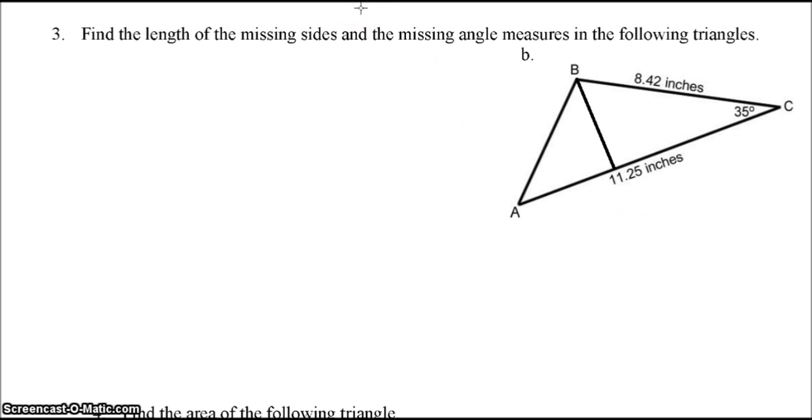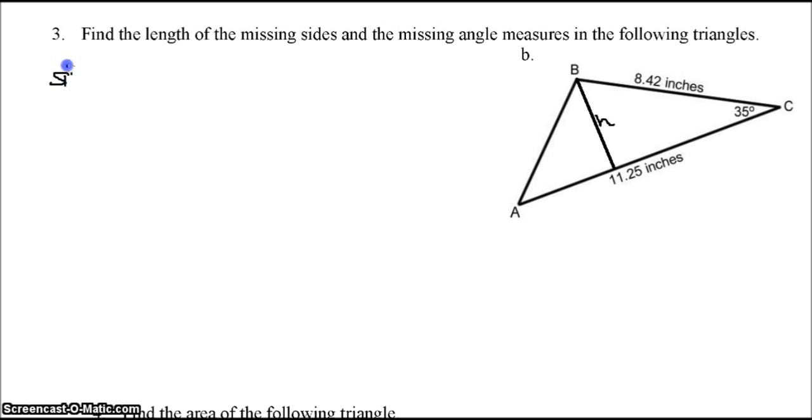And we need to find lots of things. This side, and then we need to find these two angles, A and B. Well, first thing we can do is find this height. This altitude, we'll call it H.